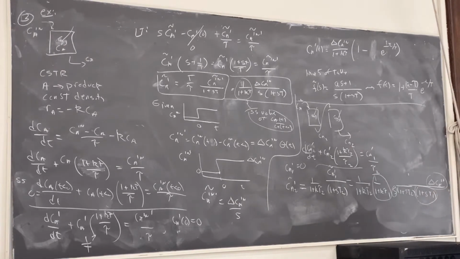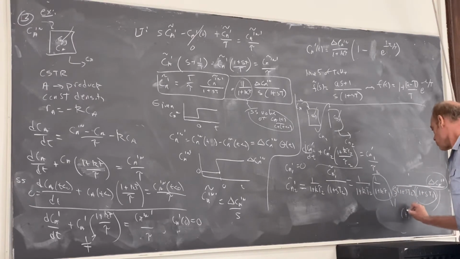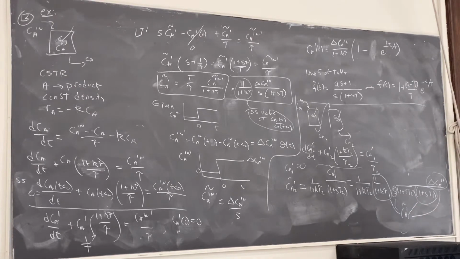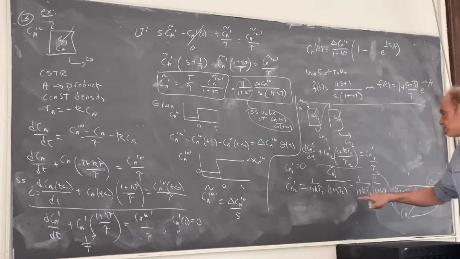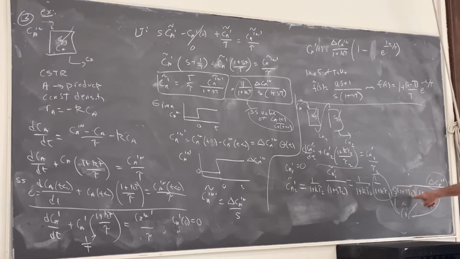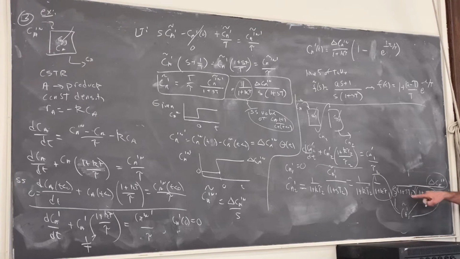All the circled stuff came from CA1 prime tilde. And the other stuff was just copied from here: 1 over 1 plus k tau 2 and 1 plus sT2. So now I've got a bunch of constants. But now the denominator, I have s, 1 plus s T2, 1 plus sT1.